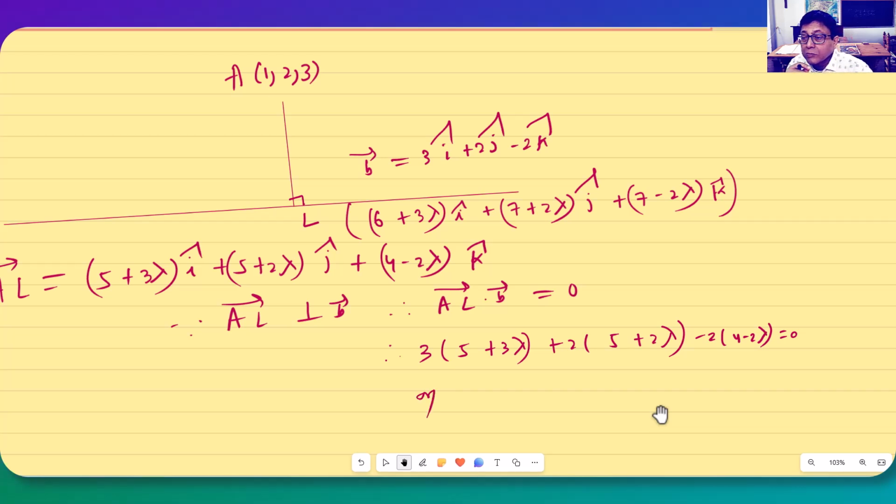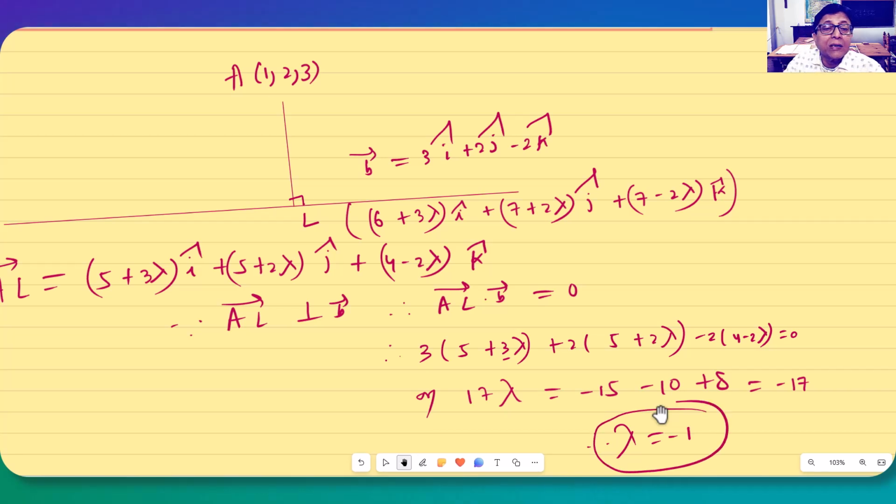Or 15, we take all lambdas together. 9 lambda plus 4 lambda, 13 plus 4. 17 lambda equal to minus 15 minus 10 plus 8. We take it on right side. This is coming to be minus 17. So the value of lambda is minus 1.